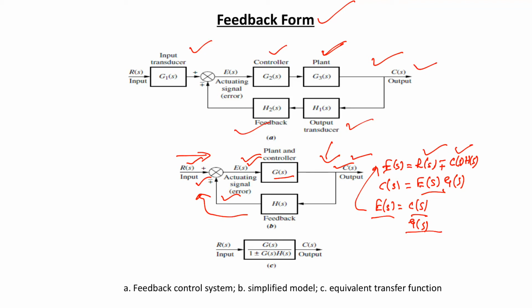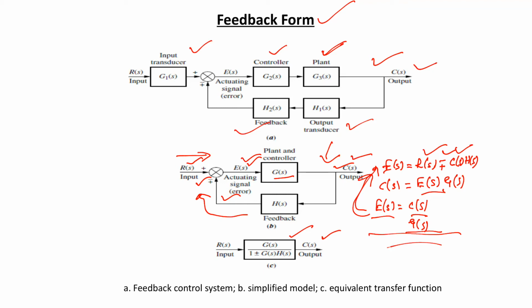If it is plus minus, then this would be plus minus. Now substituting this into the equation, finally we get the transfer function C(s) divided by R(s) as G(s) divided by 1 plus G(s) H(s).